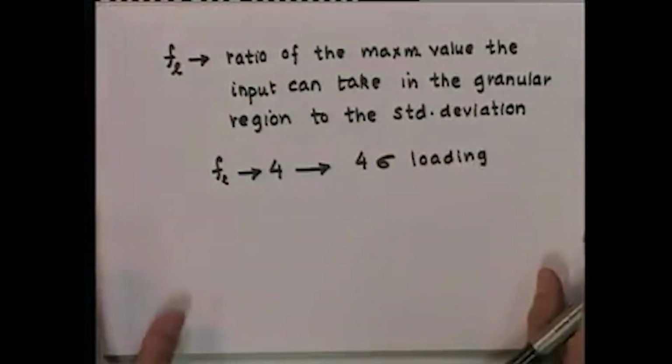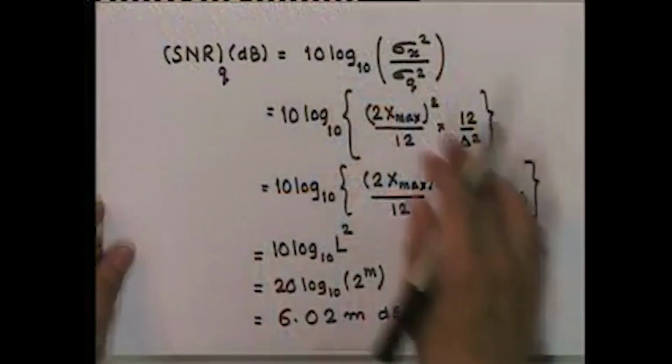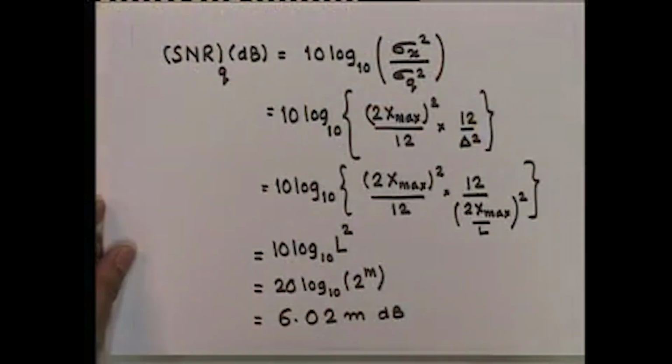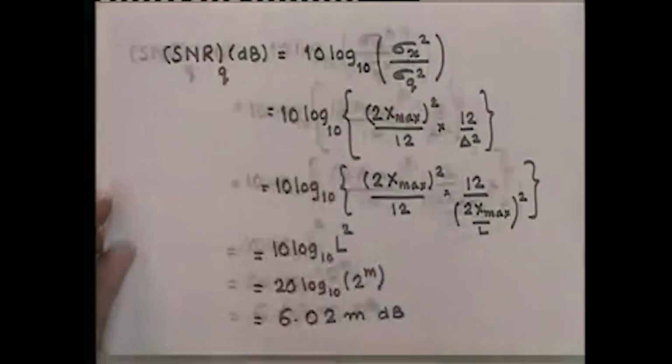Now, we have also studied that when quantizing an input with a uniform PDF, the SNR and the bit rate are related by this equation. What this equation states is that for each bit increase in the rate, there is an increase of 6.02 dB in the SNR.